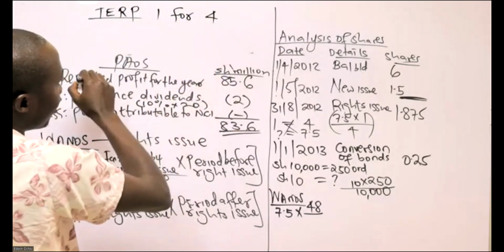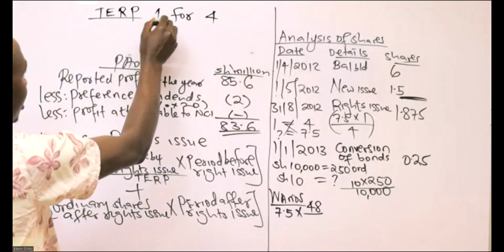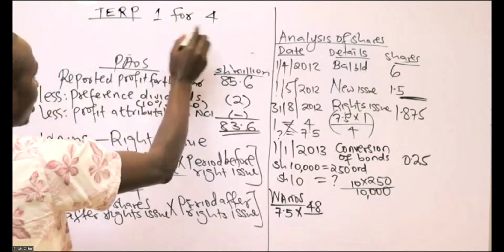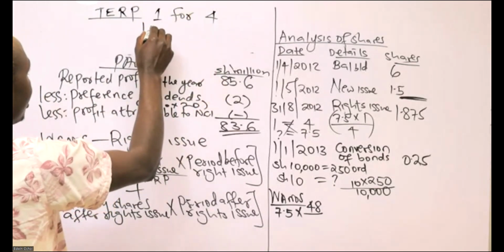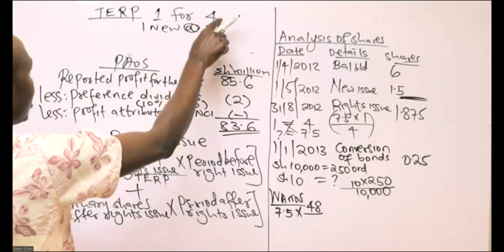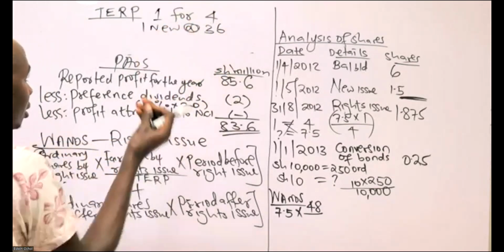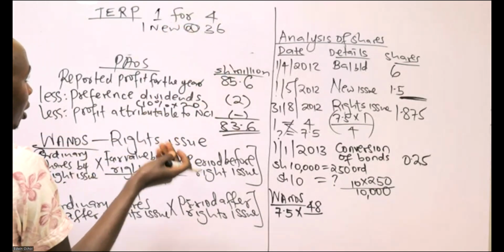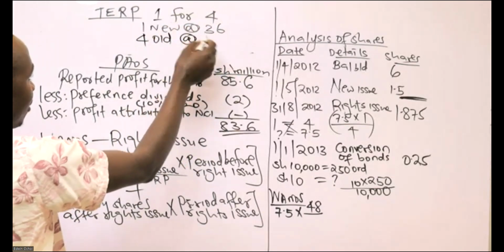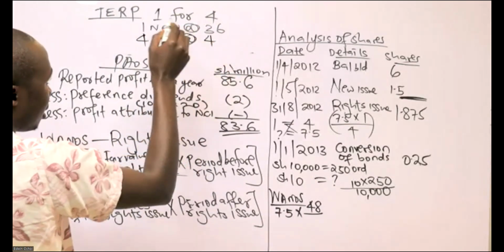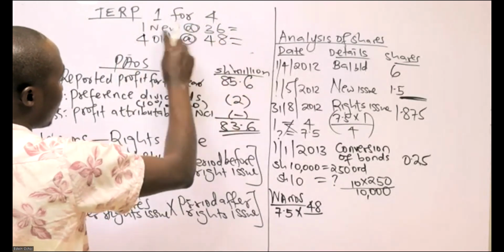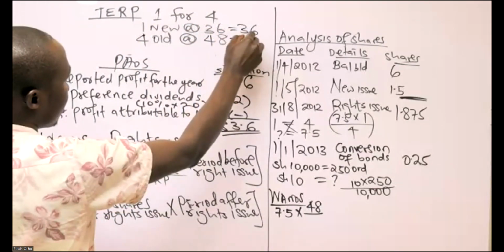For 4. So remember that the 1 share they are purchasing at what price? Lower price, 36. So we say 1 new at 36. Remember the 4 are the ones which were existing with the shareholders. So I say 4 old at the fair value, the market price, the price on the last day of the quotation, 48.